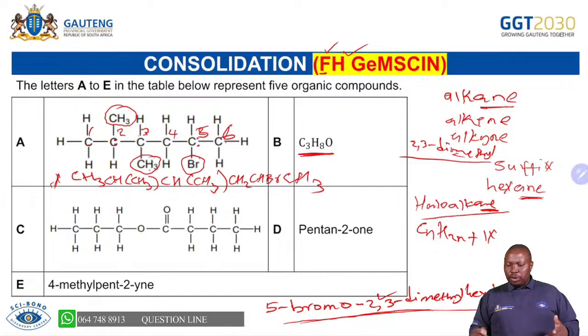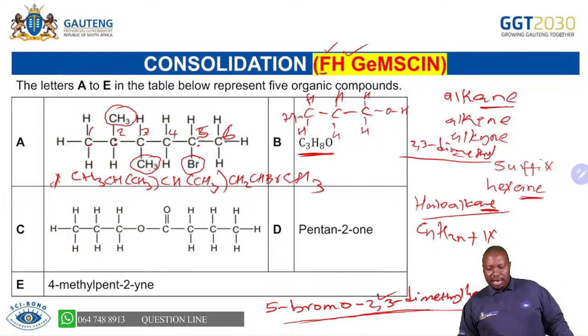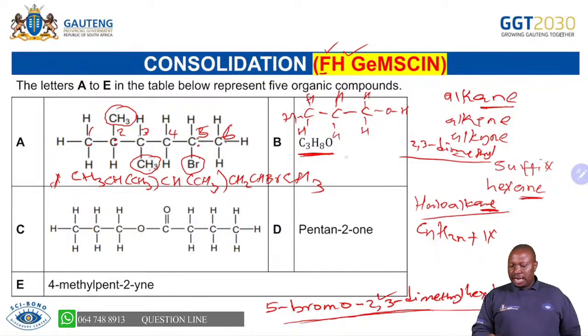Maybe you are not sure, but when you draw, you are able to see clearly that we have 3 carbons, which is your CH3, and then you have your CH2, you have your CH2, you have your OH. So you can see that was an alcohol, and the name of that alcohol is propan, because it's 3 carbons, is propan-1-ol.